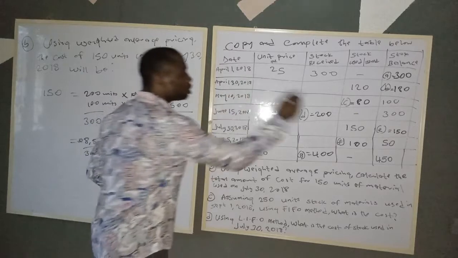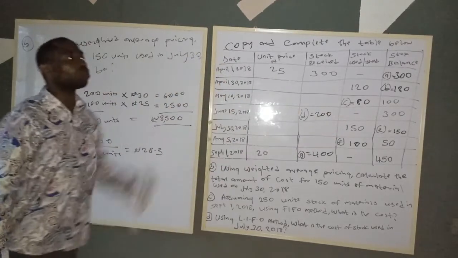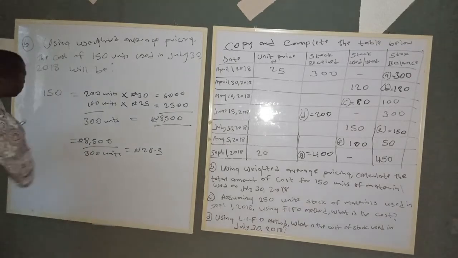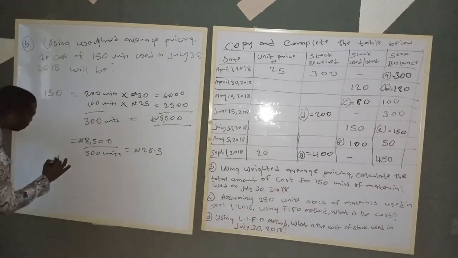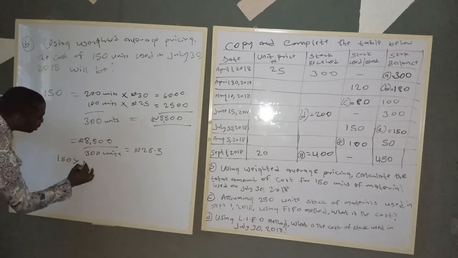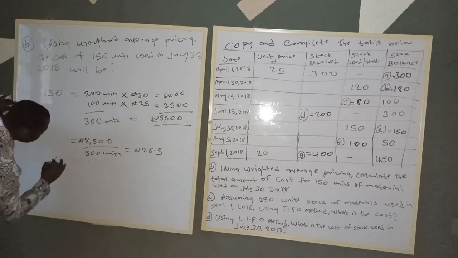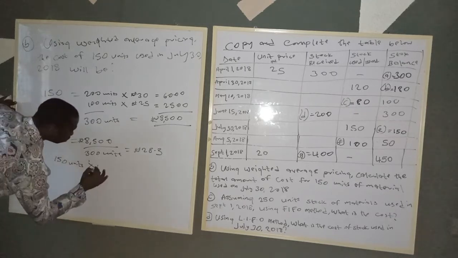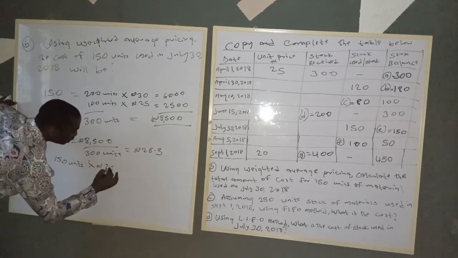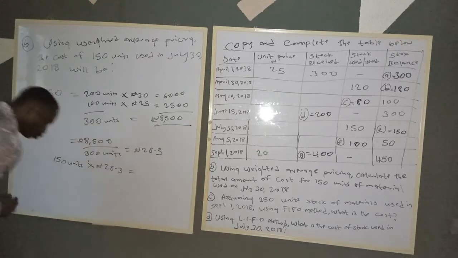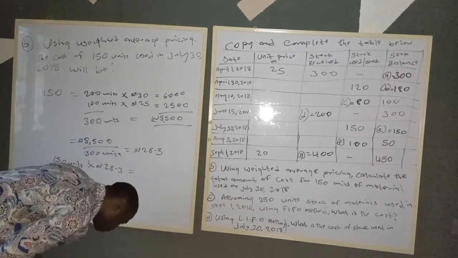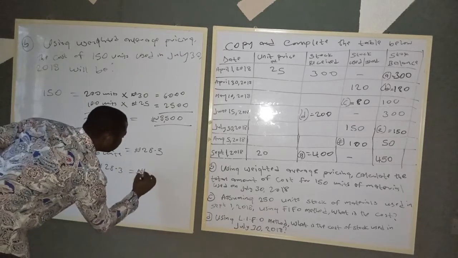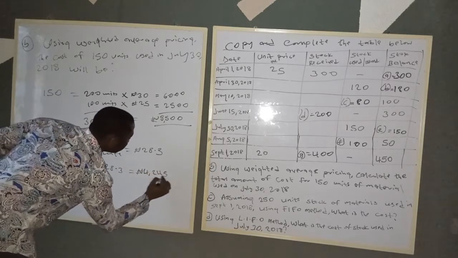So just multiply the 150 units by the unit cost, 28.3, and you get what we are asked to get. What do we get? 4,245 naira.